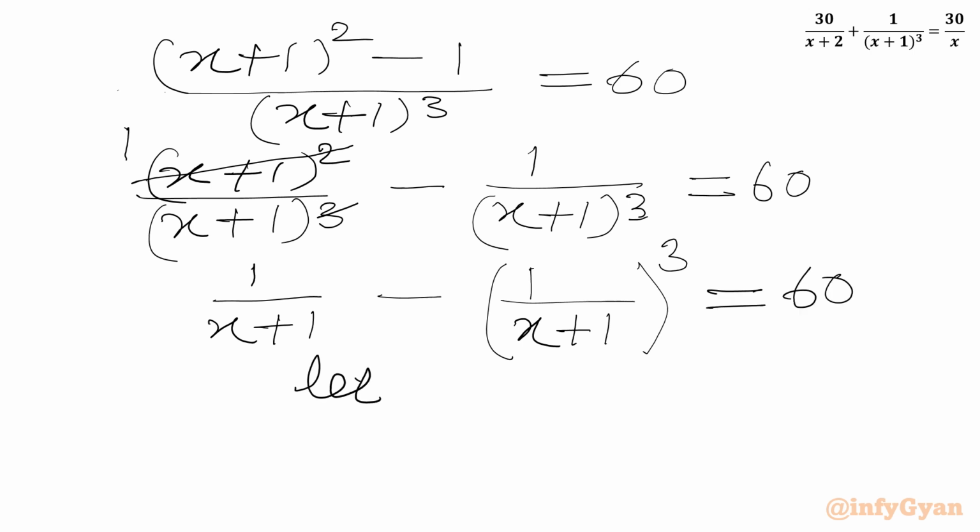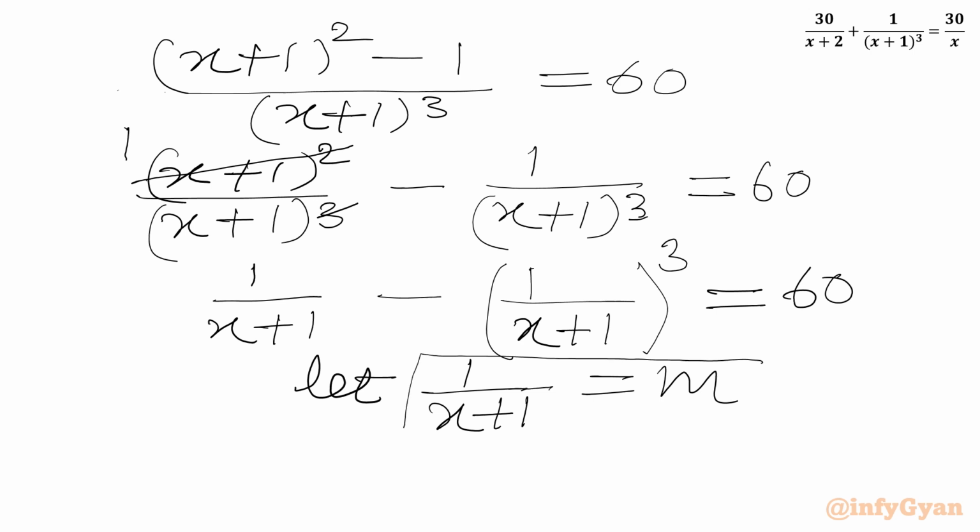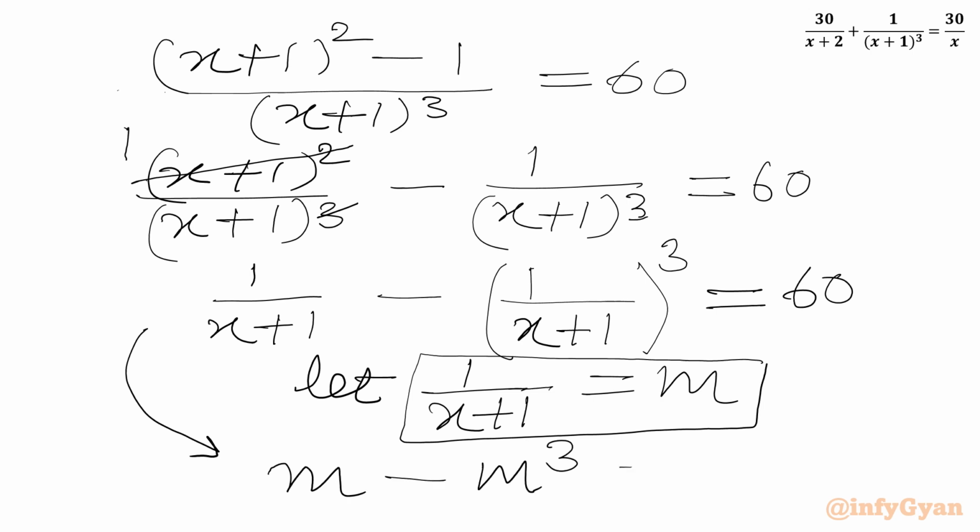Now we will consider our substitution. Let us say 1 over x plus 1 equal to m. Now our equation which we are going to write, m minus m cube equal to 60. Take all the terms to RHS, we will get m cube minus m plus 60 equal to 0.